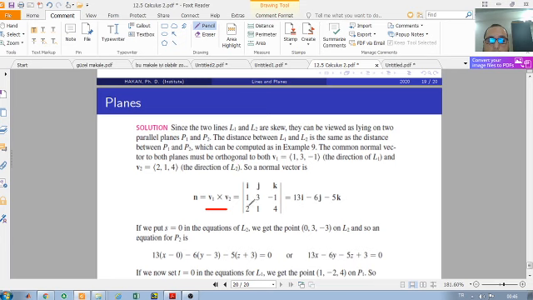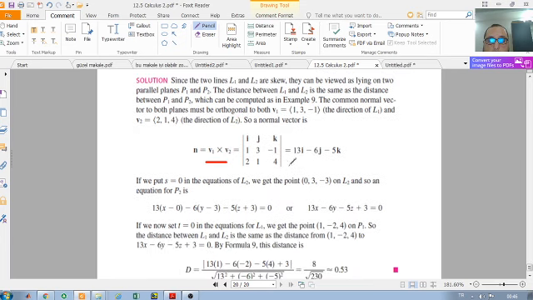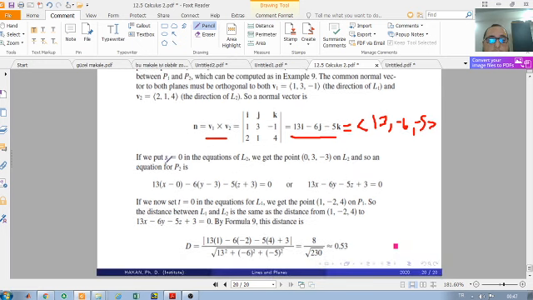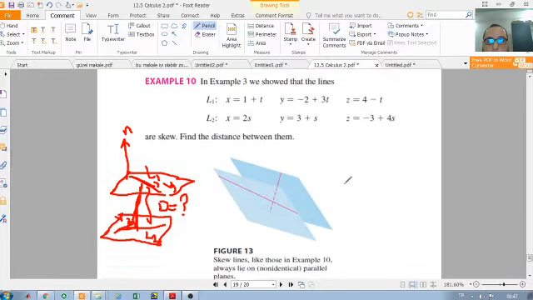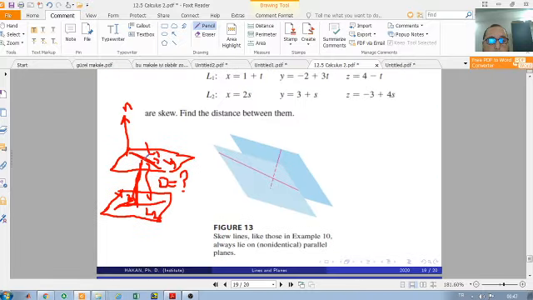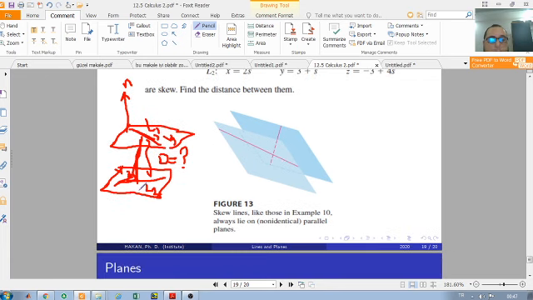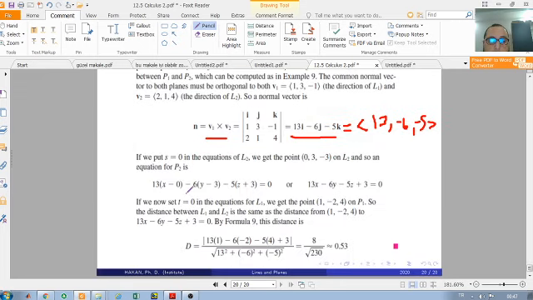And finding the cross product by using the definition, we obtain the components of the normal vector of these parallel planes, 13, minus 6, minus 5. So if we put s equal to 0 in the equations of L2, so we know the normal vector of the planes, and for the second plane we find also a point, and then we will find its equation for the second plane.